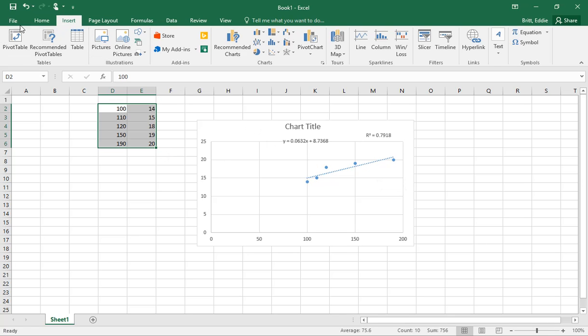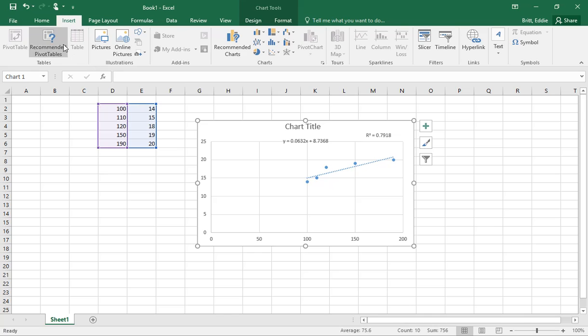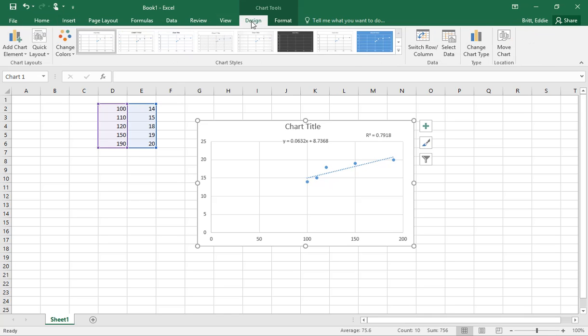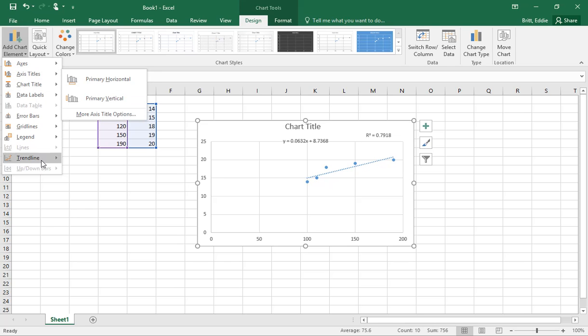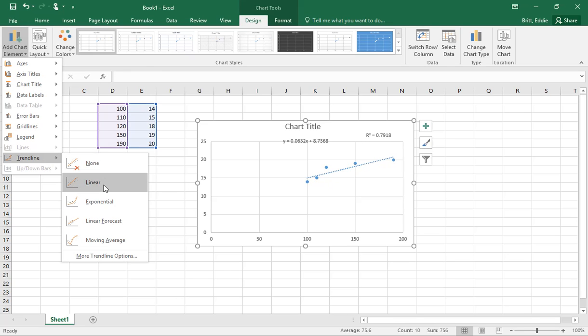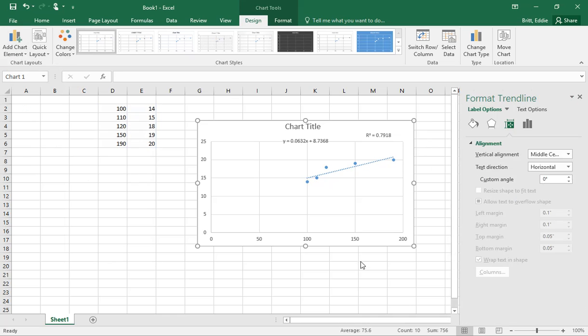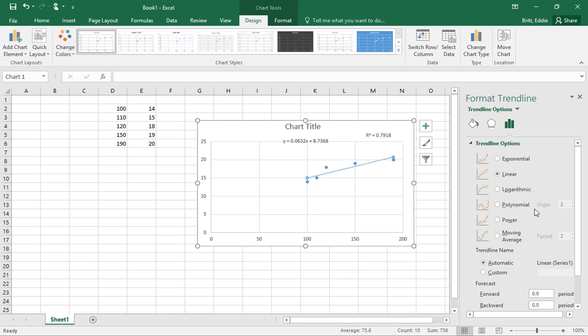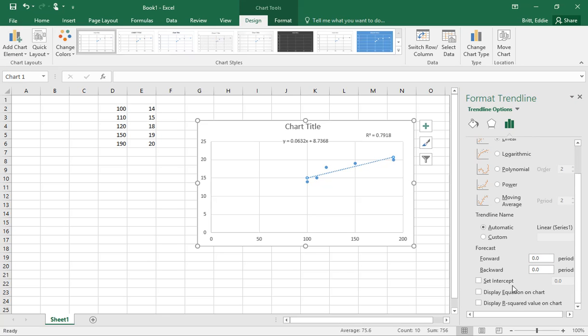And then once you do that, under design there's an add element or add chart element, and you go down to trend line. And more trend line options brings up all this stuff over here, where you can display the equation, the R squared value.